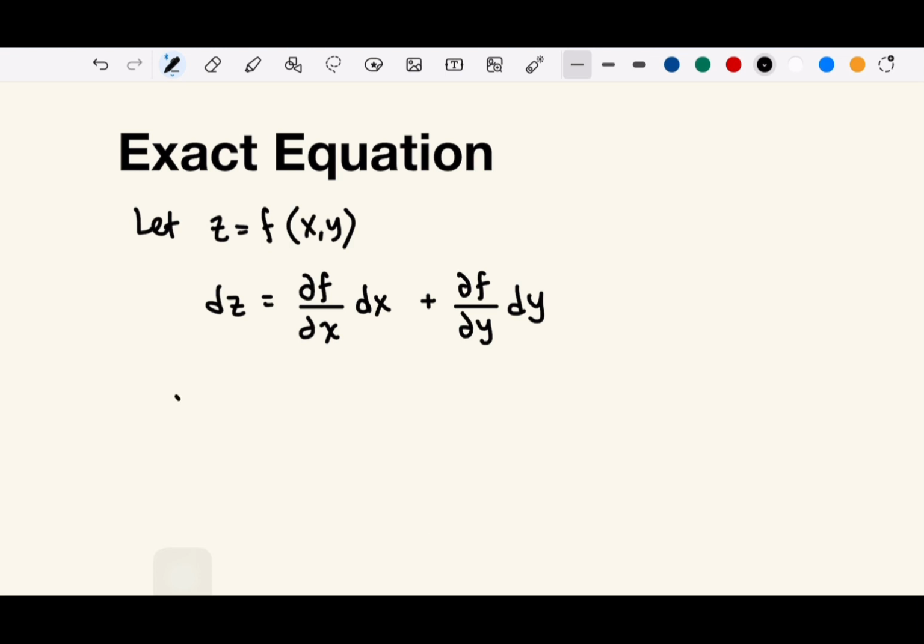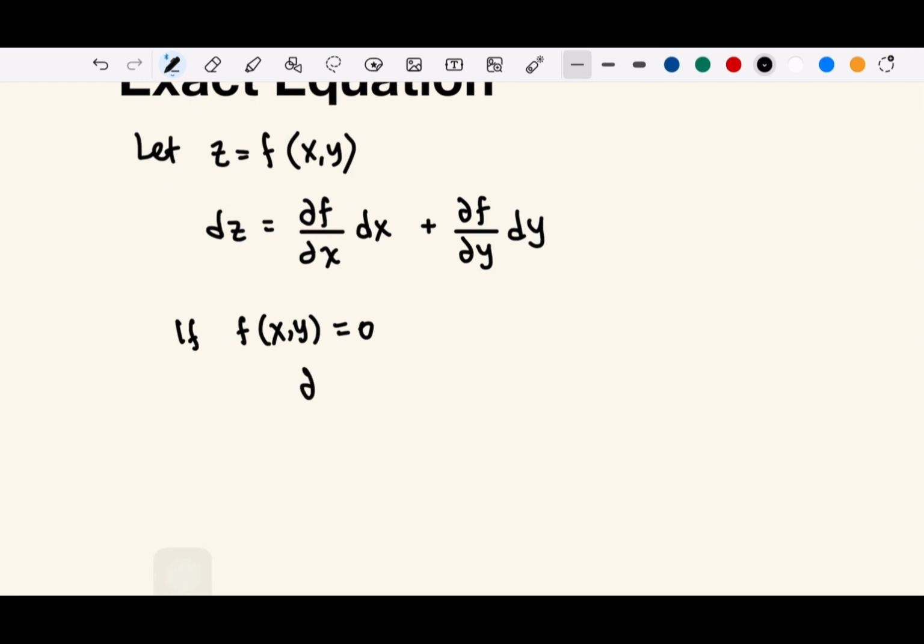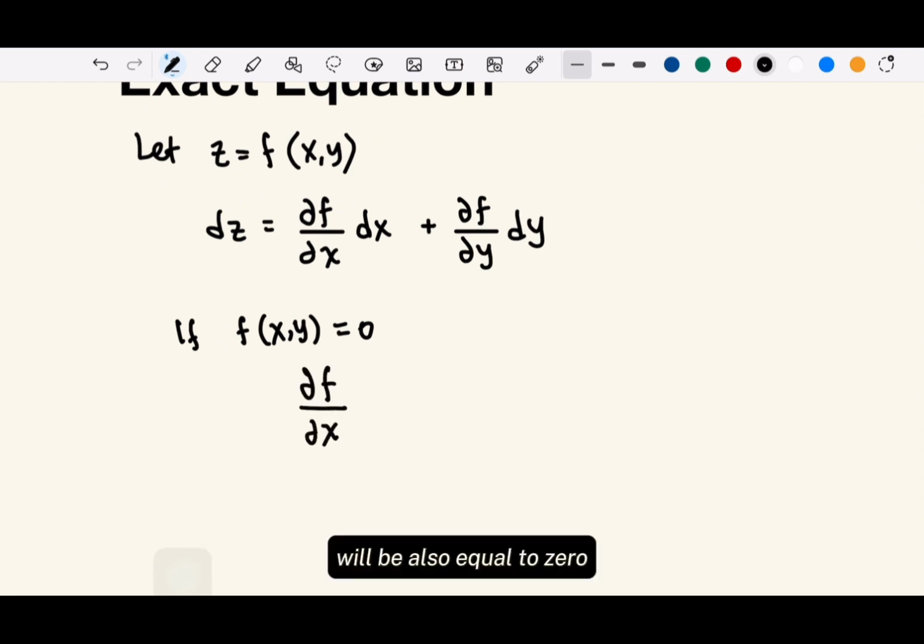And if the function equals 0, it means that this whole thing will also equal 0.